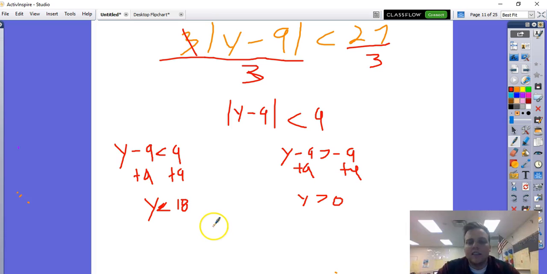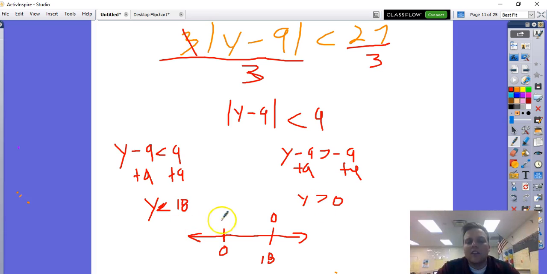Neither are extraneous. So now I want to graph it on a number line. Again, as I like to say in class, work smarter, not harder. I'm not particularly particular about your number lines, so I just draw 2 tick marks, 0 and 18. I know that y must be less than 18, so that means it gets an open circle because it was less than, not less than or equal to.